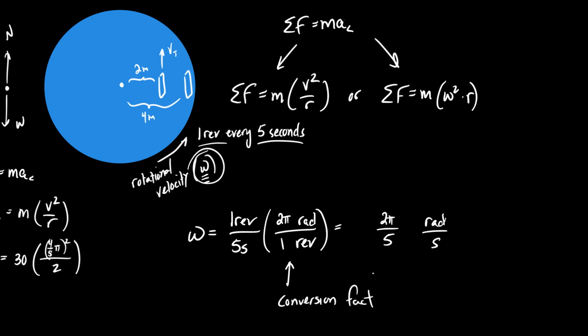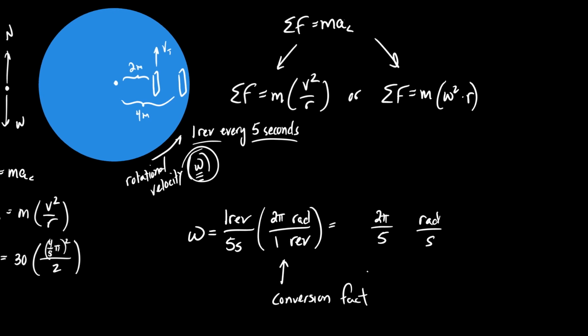So I get 1.26 radians per second. So if I want to know the force from the 30 kilogram girl, I'll need to put 1.26 radians per second there, and then I can just put in 1 radius at a time here.